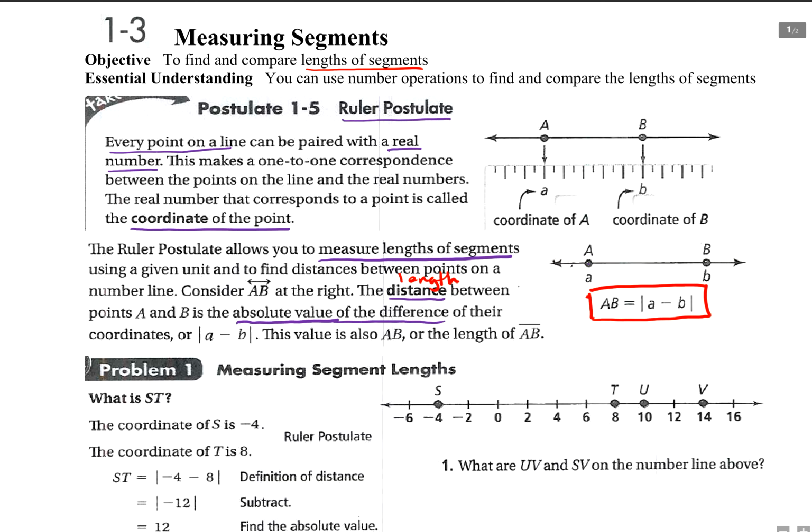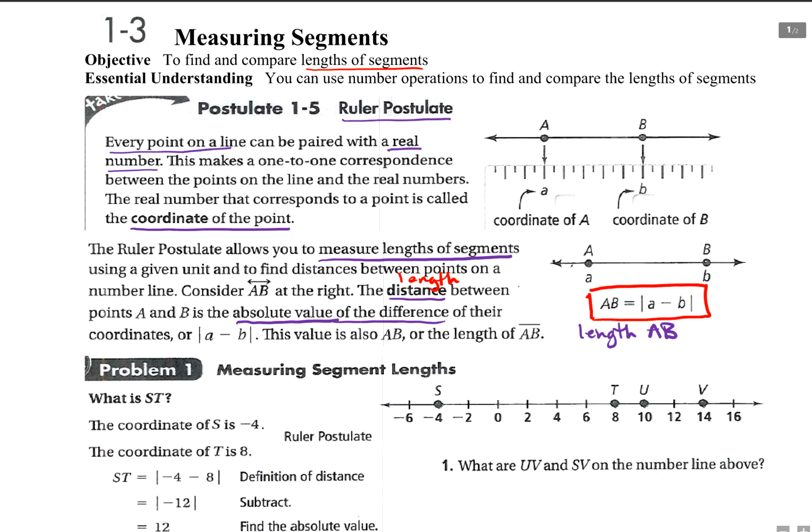So if you notice here, we have a formula. This says the length of segment AB is equal to the absolute value of the value of A minus the value of B. This is read length AB. And if you look in your best friend, in your big packet, you have the reference page that tells you how to read mathematical symbols.